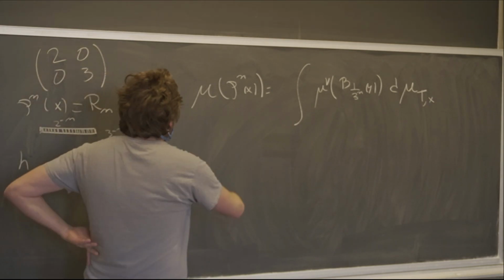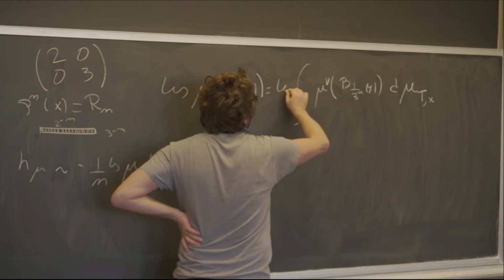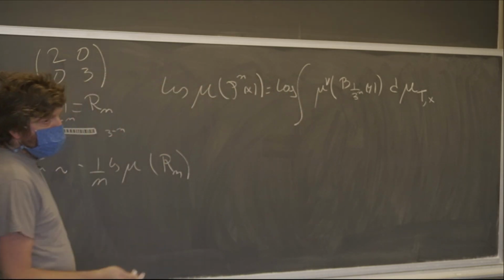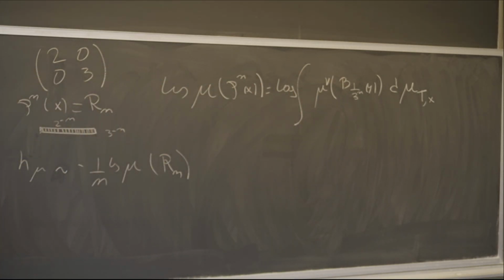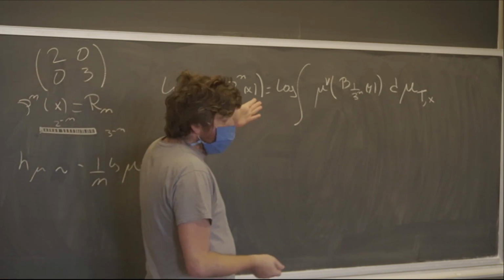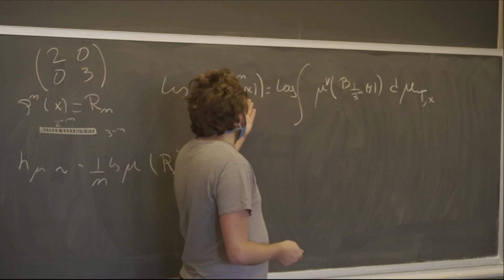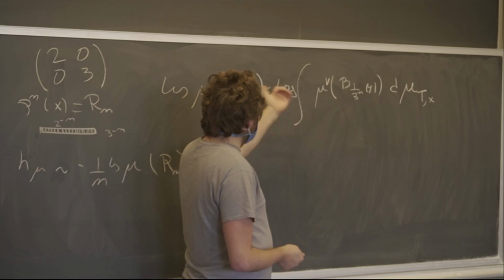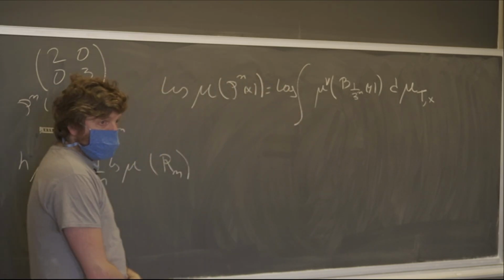Now you take log here, and you take log here, and then, as always, the first problem arises, which is Jensen's inequality. If you want to send the log inside, you have to pay something. In one direction it's trivial, but for the other inequality you still have to fight.